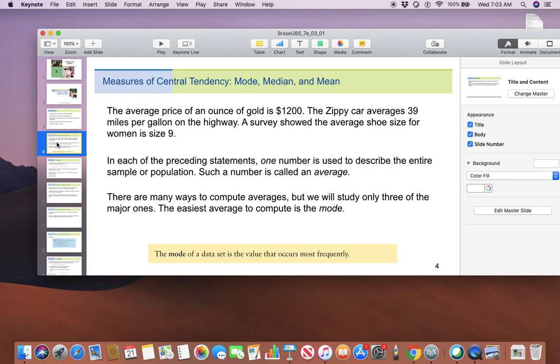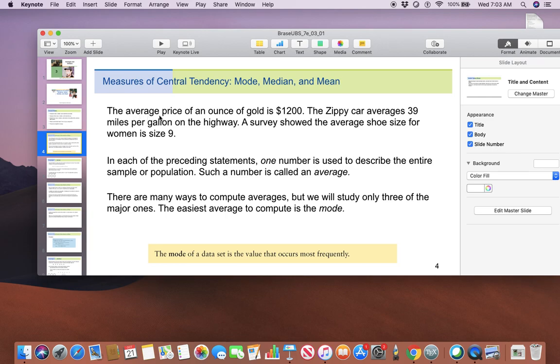Now, here is an example. Let's understand what these things are. The average price of an ounce of gold is $1,200. The Zippy car averages 39 miles per gallon on the highway. A survey showed the average shoe size for women is size 9. So you see, these are sentences, right?